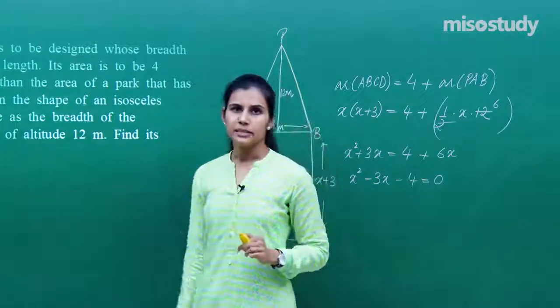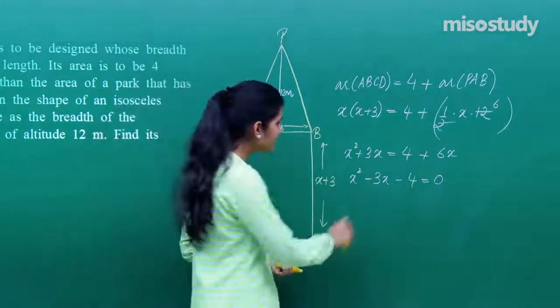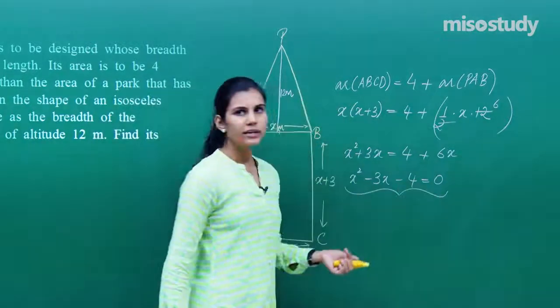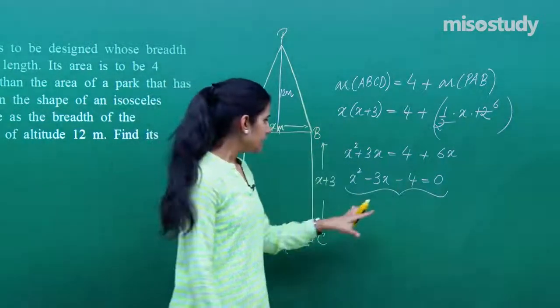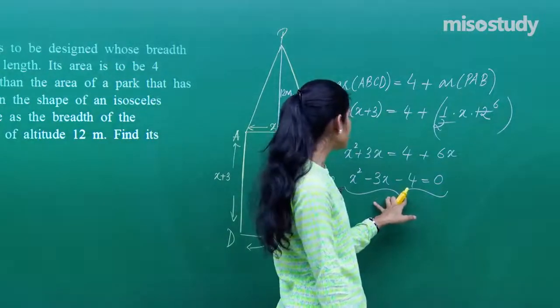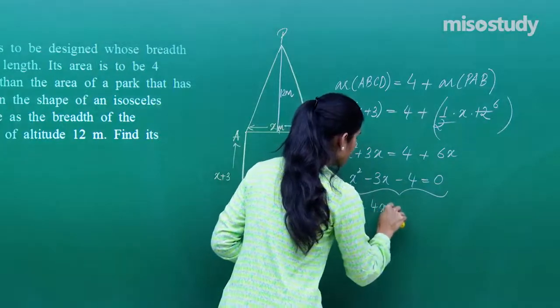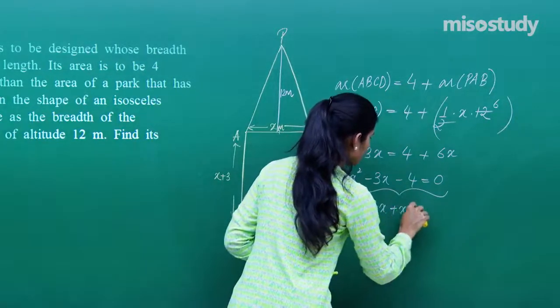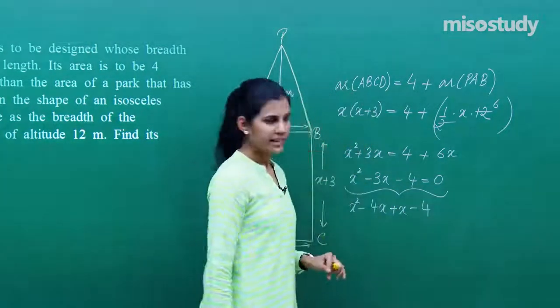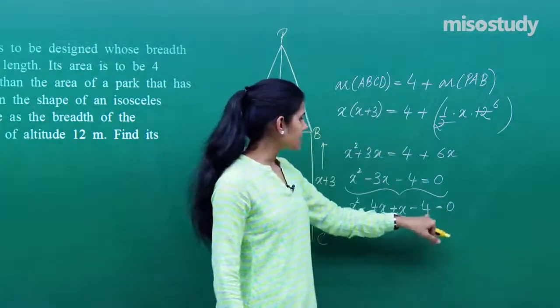Find the length and the breadth. You have to find the value of x and the value of x plus 3. The value of x is going to come by solving this equation. Can I write this as x square minus 4x plus x minus 4?